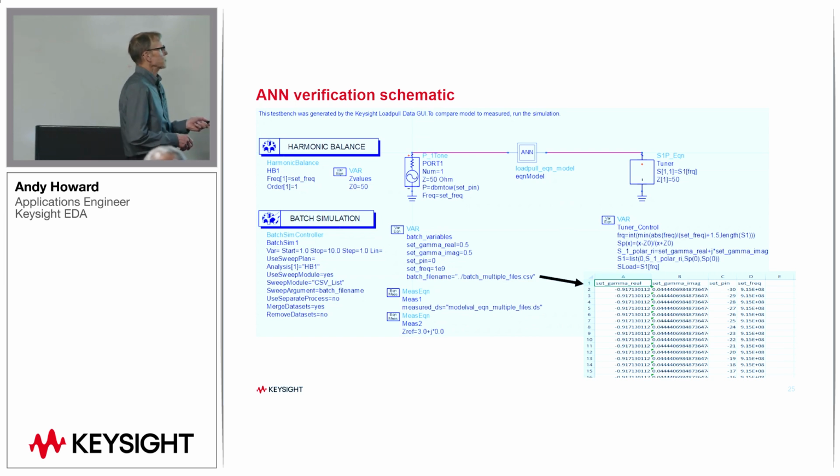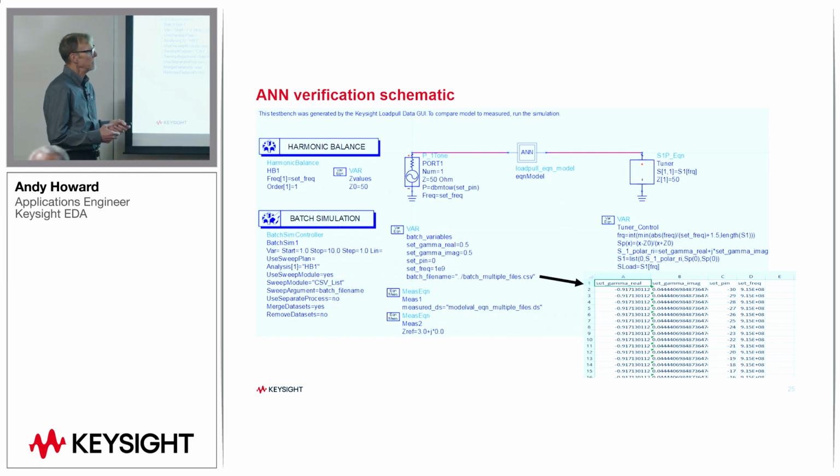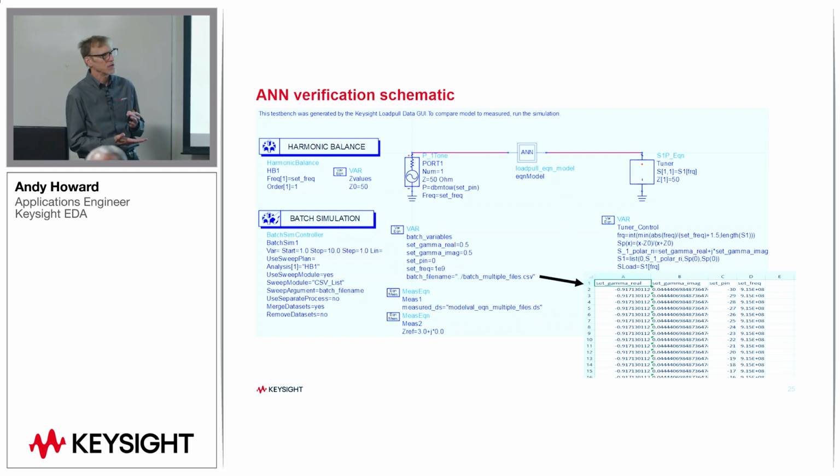The way this works is this is the ANN model, and it senses the load, which is swept based on these set gamma real and set gamma imag values. The source power is also swept, and the source frequency is swept, and based on the load, the power and frequency values, it outputs the data: the gain, the power, the efficiency.